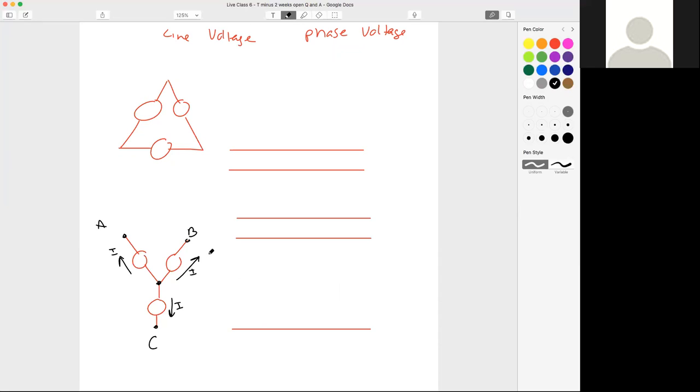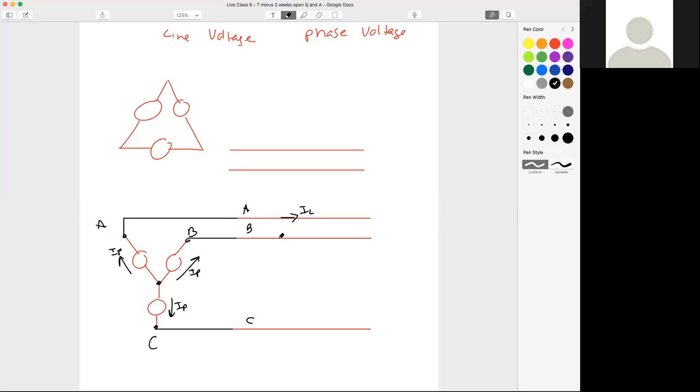So look at this. These are our phase currents. Now let's connect our lines to our source. The A line goes to our A phase of our Y, the B line goes to our B phase, and the C line goes to our C phase. Where's my A line, my B line, and my C line? Where do they exist? Right here, right? Let's draw them right on top.